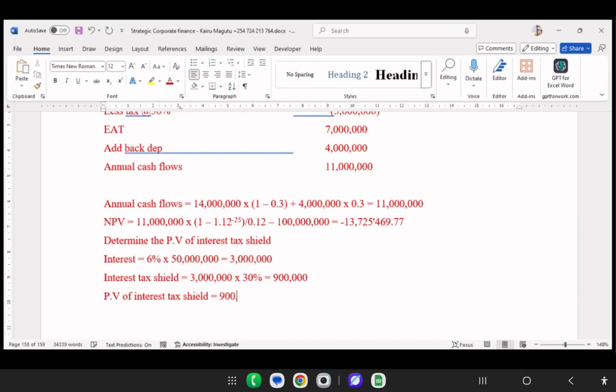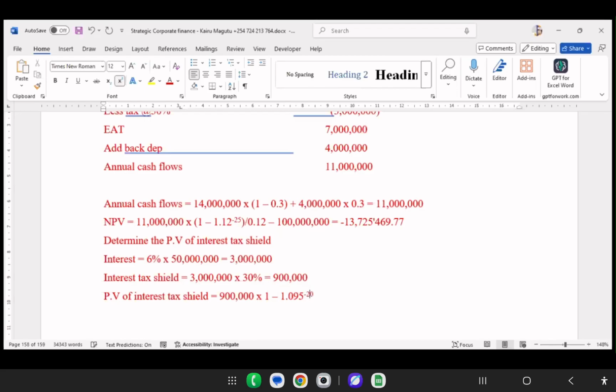So we'll take 900, we multiply by the discounting factor, 1 minus 1.095. The interest rate in the market is 9.5%.